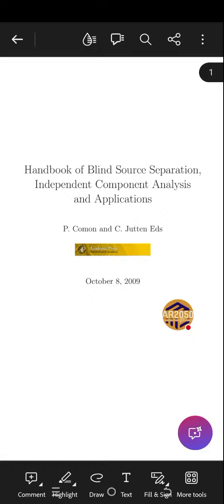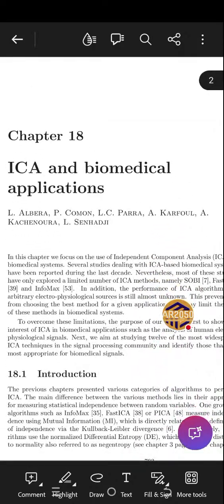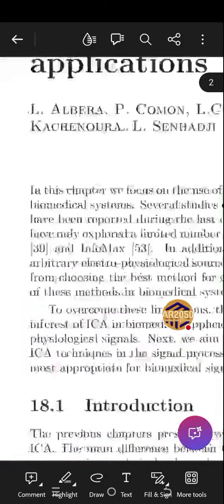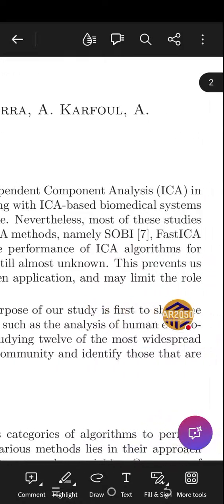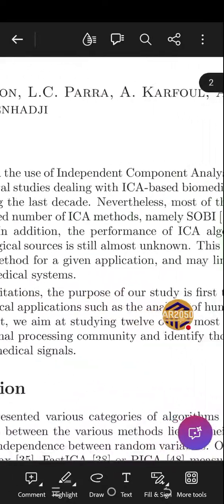Blind source separation is mostly used with independent component analysis. So in this chapter we focus on the use of independent component analysis in biomedical systems. Several studies dealing with ICA based biomedical systems have been reported during the last decades.